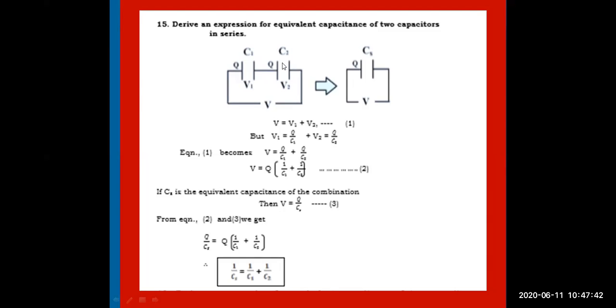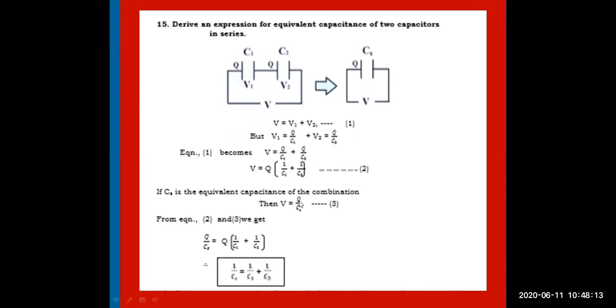Two capacitors you keep. Total potential V will be equal to V1 plus V2. Substitute the formula. V1 is equal to Q by C1, from the definition of capacitance. Then V2 will be equal to Q divided by C2. Add both, take out Q common, 1 by C1 plus 1 by C2 will be given as the second equation. Replace the combination by a single capacitor whose equivalent capacitance is Cs.